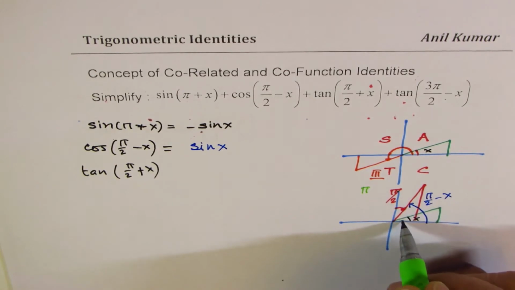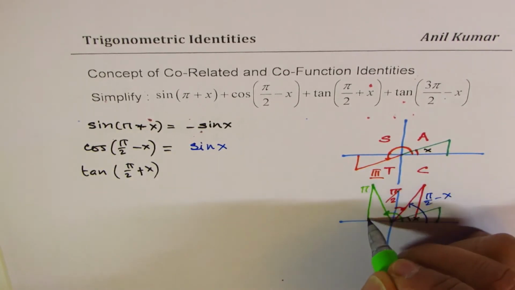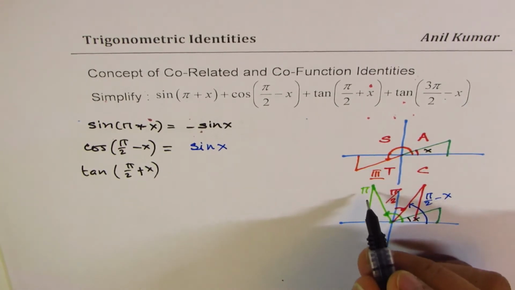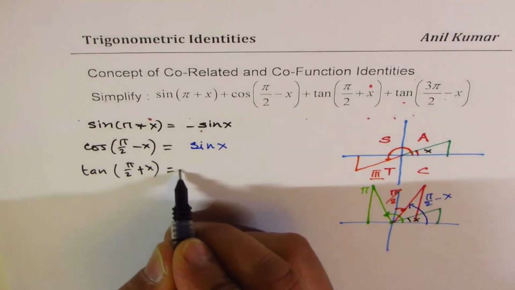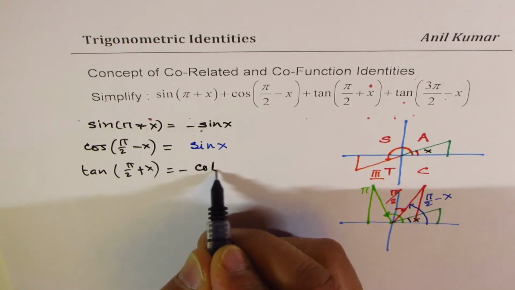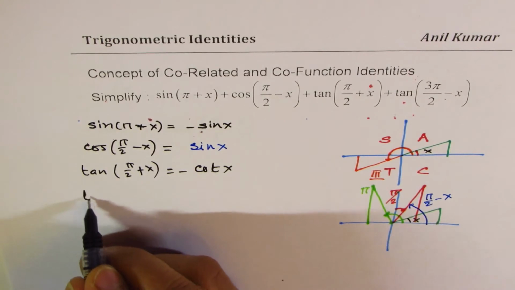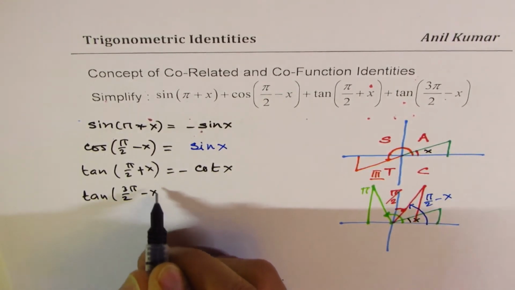This is pi by 2, so we add x to it. So what happens really is that we are now looking into this triangle. Now in quadrant 2, only sine is positive, tan is negative, so we write negative. And since the orientation changes, it becomes cotangent, right? Cot x.